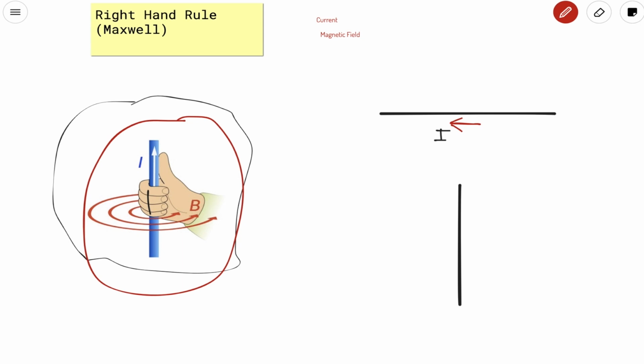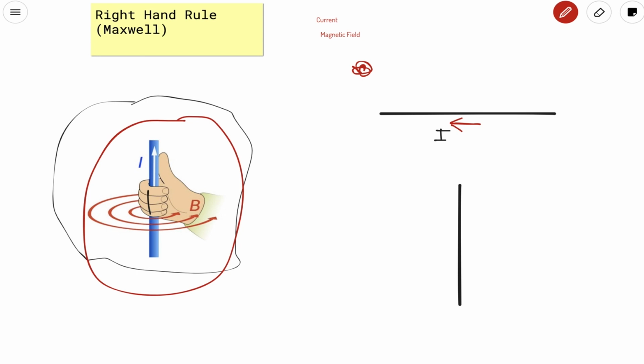Now, how does it look on paper? Let's try this example here. So the current's moving left, so you're gonna put your thumb left. Just put it in front of your screen. Then you're gonna just imagine grabbing that conductor and twisting the rest of your fingers.